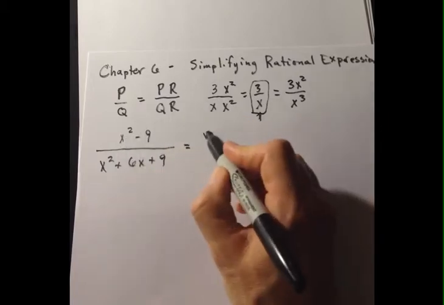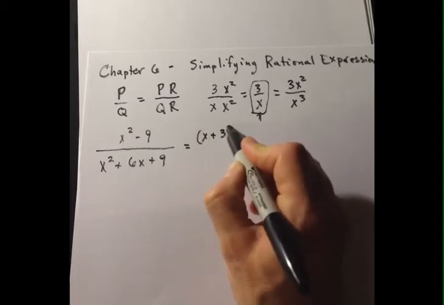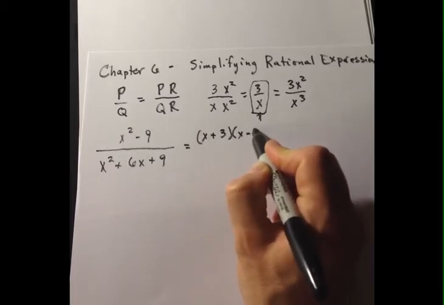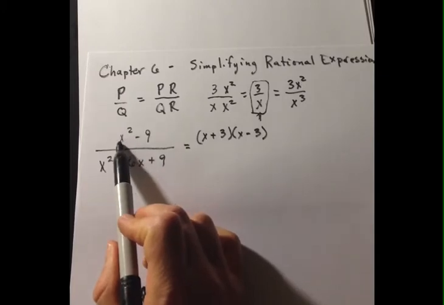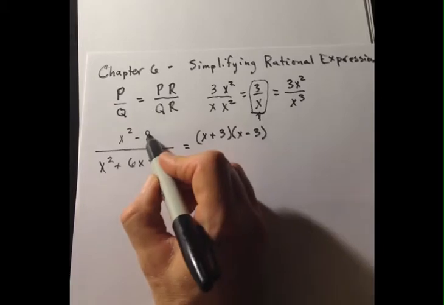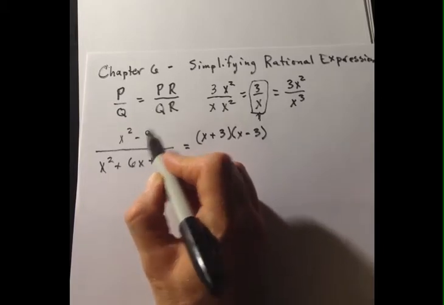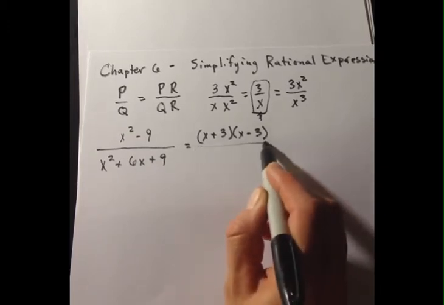We can factor this immediately into x plus 3 and x minus 3, because the square root of x squared is x, and the square root of 9 is 3. So we have a difference of squares, and that's how that factors out.